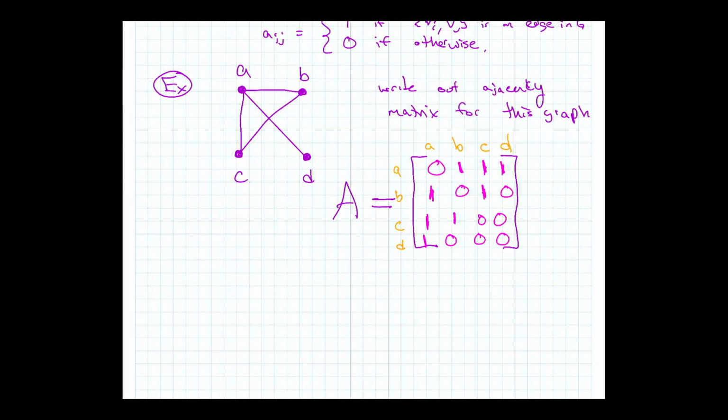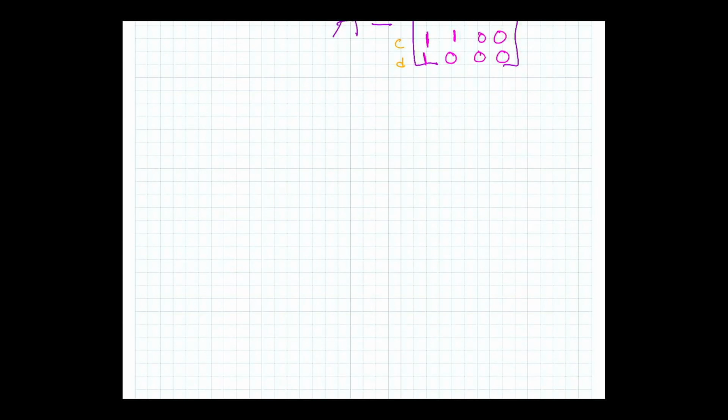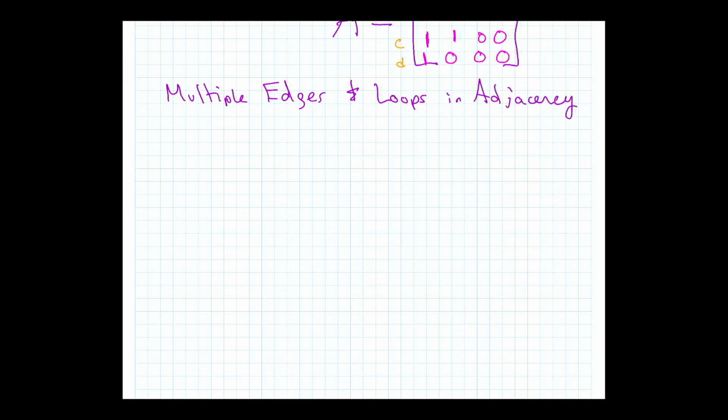Now, what are we going to do for multiple edges and for loops? Okay, and we also define that. So let's talk about that. Multiple edges and loops in adjacency matrices. It's not actually that complicated.